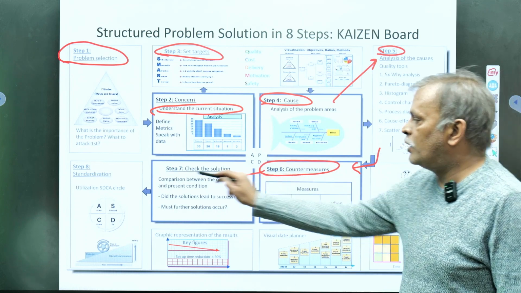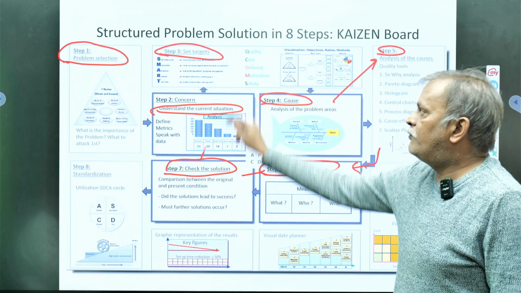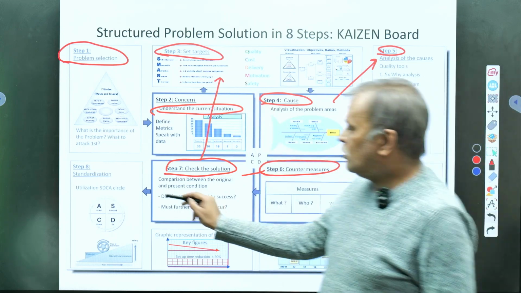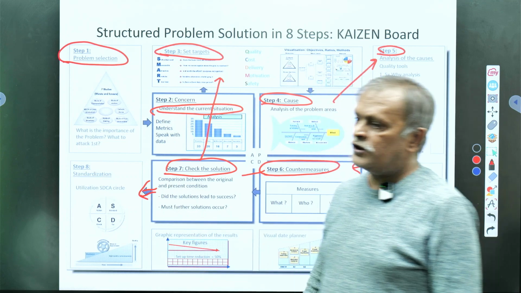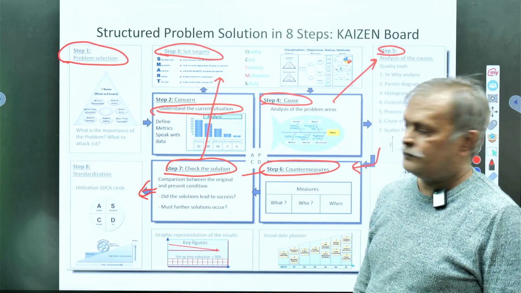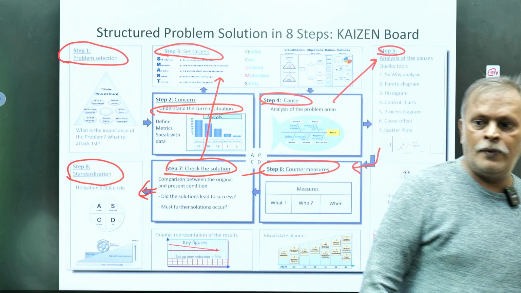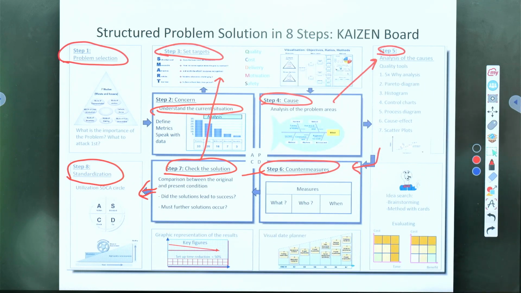Implement. Hopefully improvement will happen. Check if what you wanted to achieve has been achieved or not. If achieved, go back, build your sustain plan, control plan, like you are calling it. Standardize. This is the 8-step Kaizen process. Very, very frequently used. Must spend time doing this.